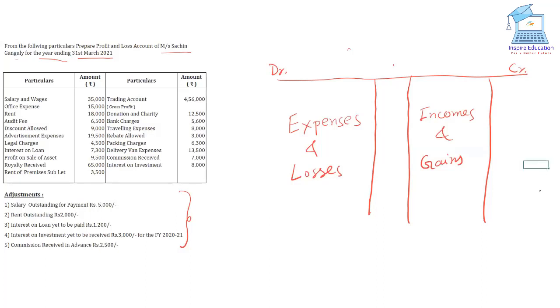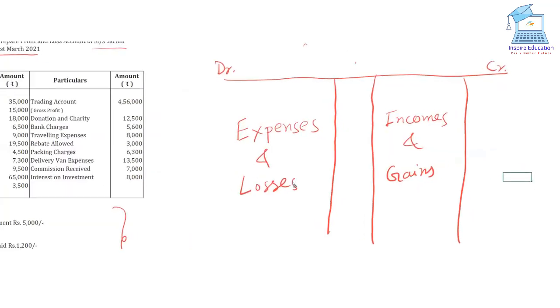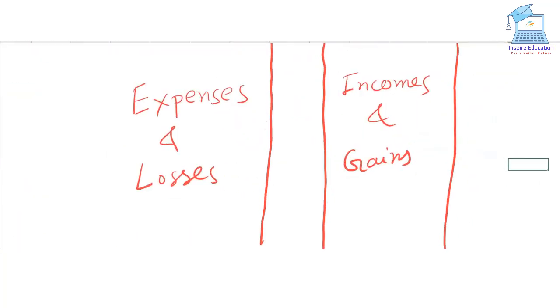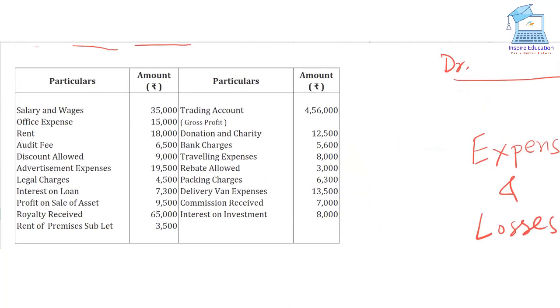So let's see the items which are expenses and losses and the items which are incomes and gains. First item is salary and wages. Salary and wages, this is an expense, so this will be in the debit side. Office expenses, it will be in the debit side.